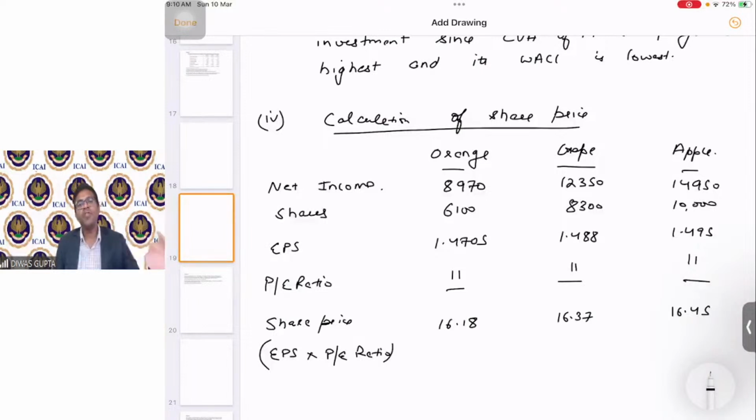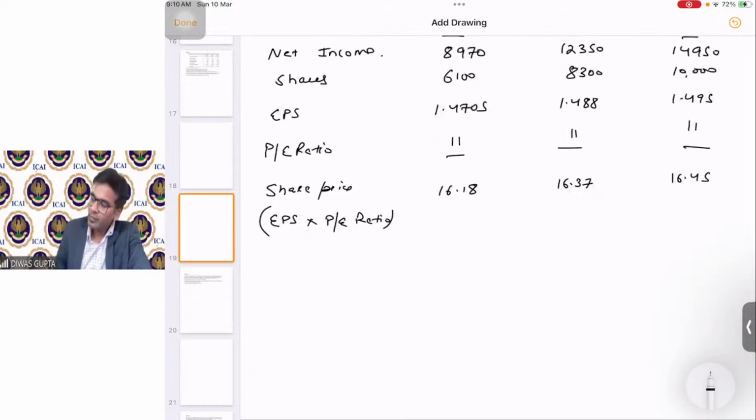And hence, somewhere the advantage of leveraging the debt is more, and somewhere the advantage of leveraging the debt is less. Similarly, the presence of debt in a particular company's financials indicates risk, the risk of non-payment, the risk of delayed payment, right? So we cannot take the same PE ratio.